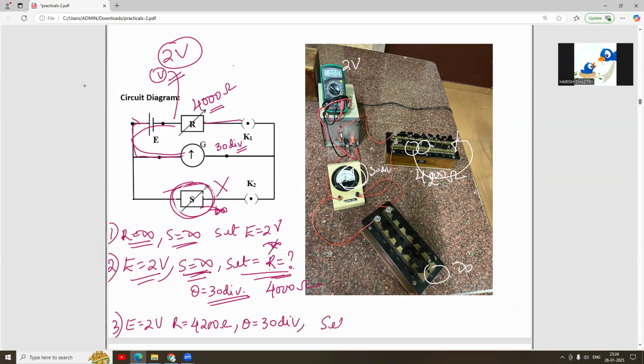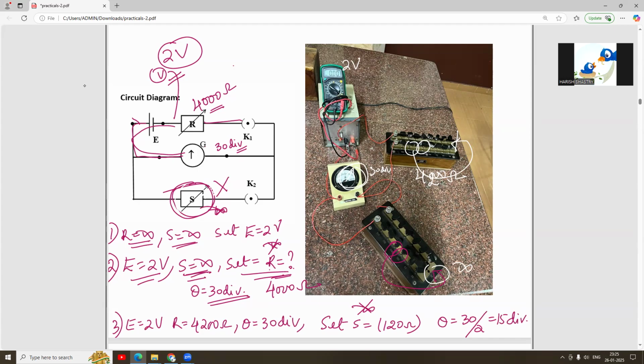Now set S. Set S means you have to remove infinity now, in the sense you have to close the infinity key. So remove some 100 ohm or 150 or 120, put one of the keys to infinity. So S is equal to maybe 100 or 120 ohm, so that the deflection in the galvanometer falls to 30 divided by 2, that is 15 divisions.